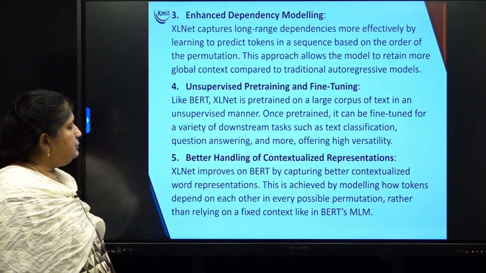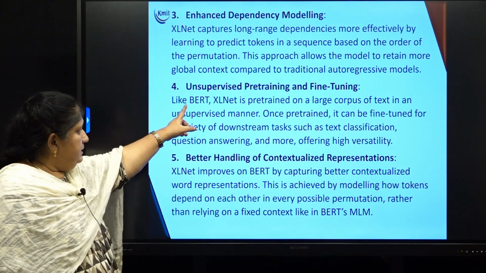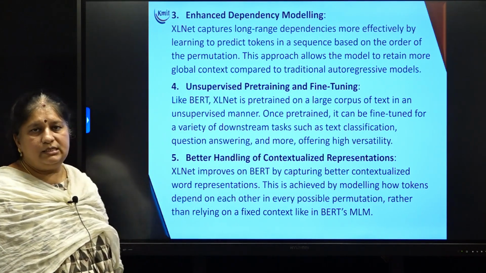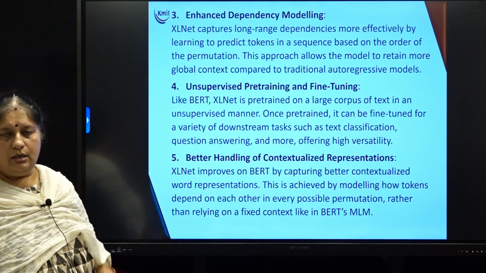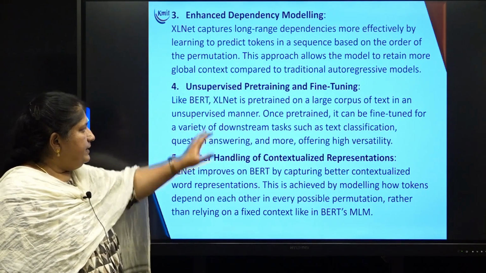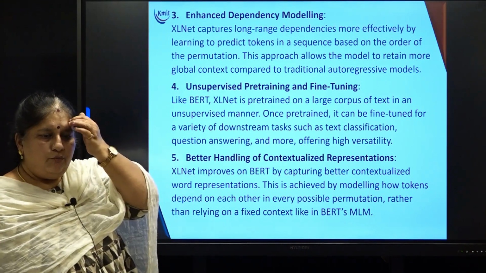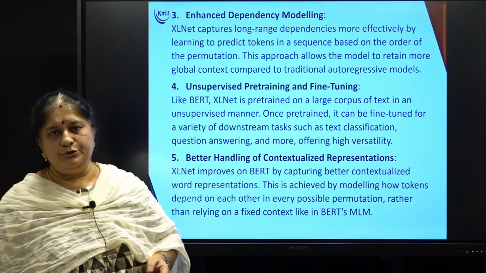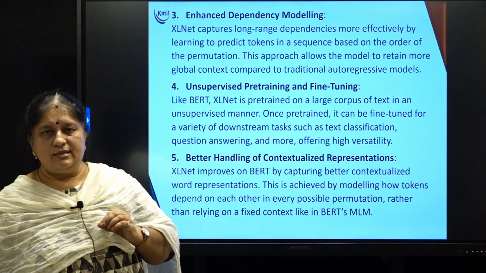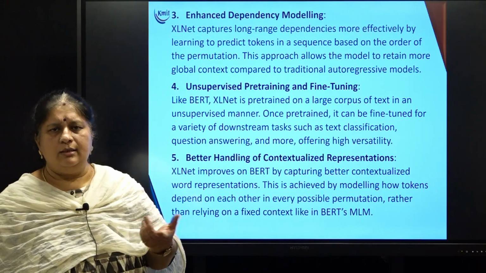Then unsupervised pre-training and fine tuning. Similar to BERT, XLNet is trained on a large corpus of text data in an unsupervised manner. Once we go for pre-training, we can go for fine tuning to perform specific tasks like sentence generation, translation, question answering, likewise.